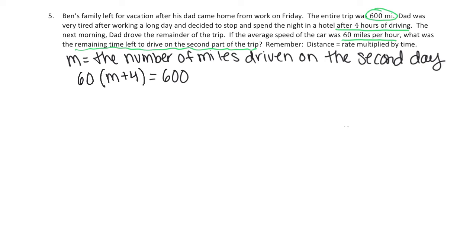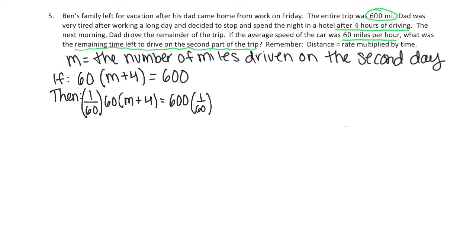Now that I have my equation set up, I need to say if 60 times m plus 4 equals 600, then I need to take my inverse of 60, which I know is going to be 1 over 60, and multiply it by 60 multiplied by m plus 4 equals 600 multiplied by 1 over 60.